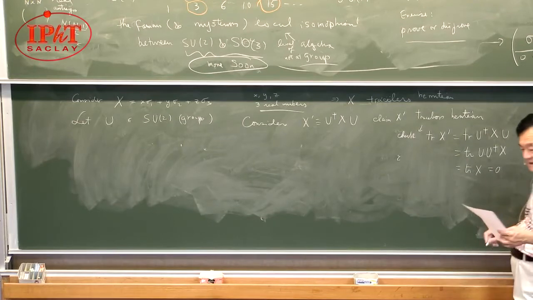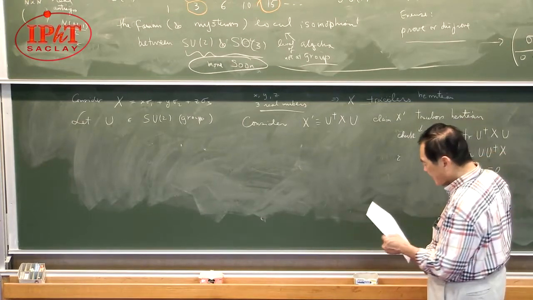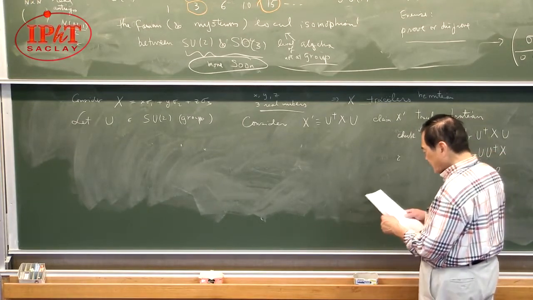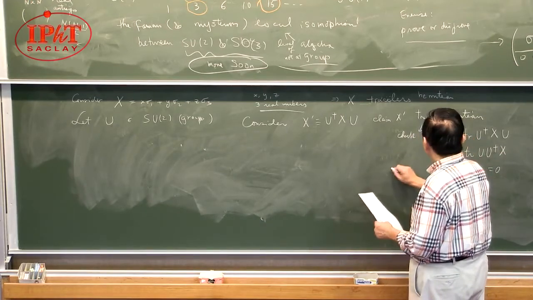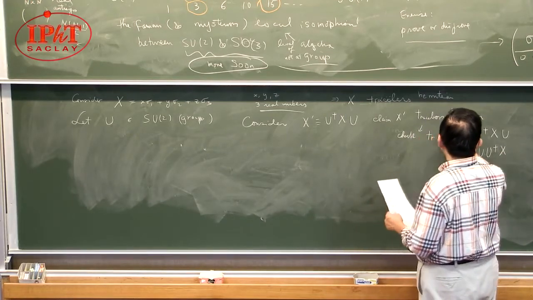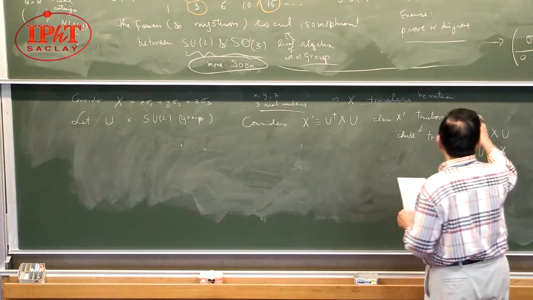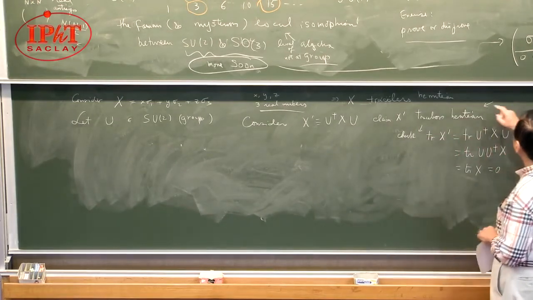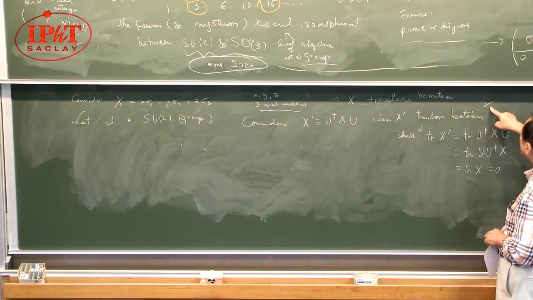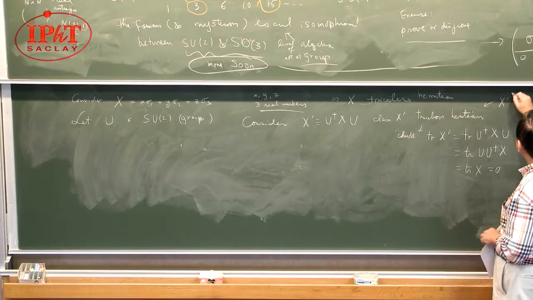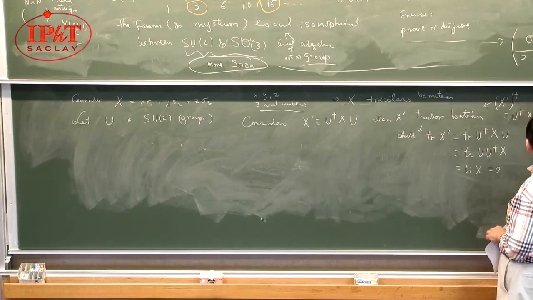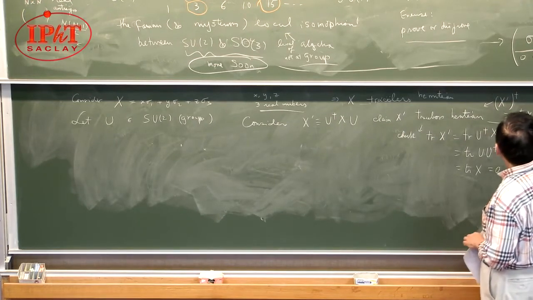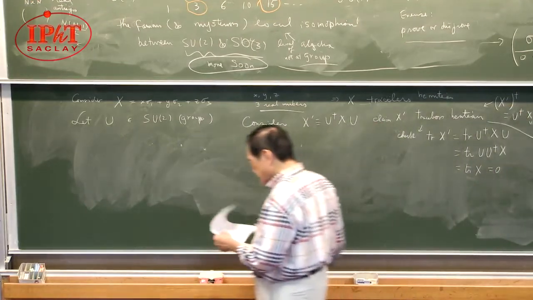Okay? So to show that it's Hermitian is obvious, because X prime dagger is U dagger X dagger U, and since X dagger is X, that's obvious.